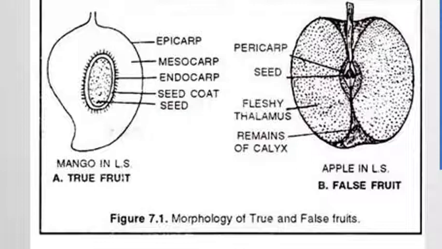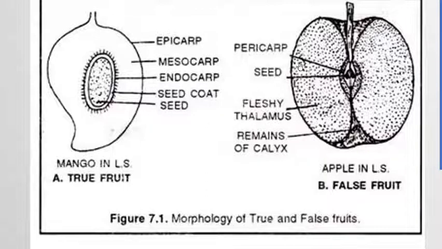And then we also see there is a seed. This seed comes from the ovule of the mango flower. So the mango fruit comes entirely from the ovary, and no other part of the flower has contributed to the development of the mango.